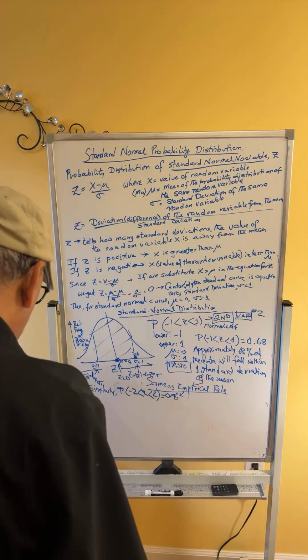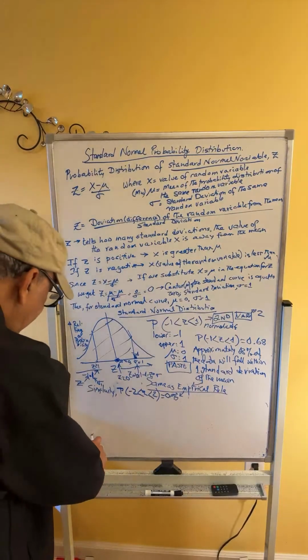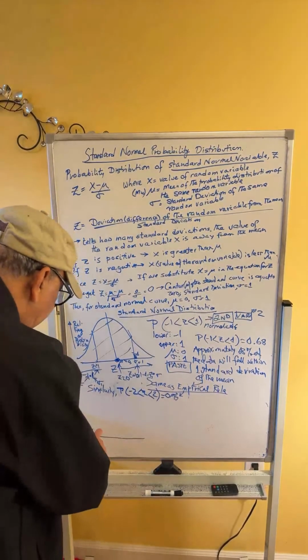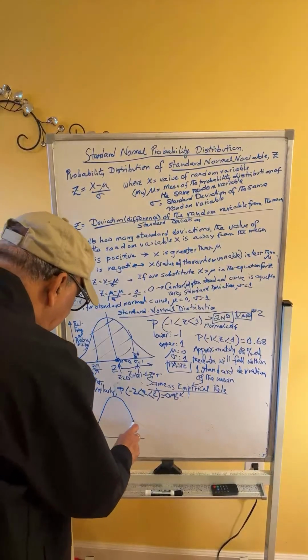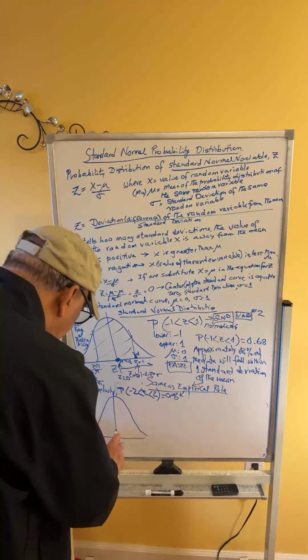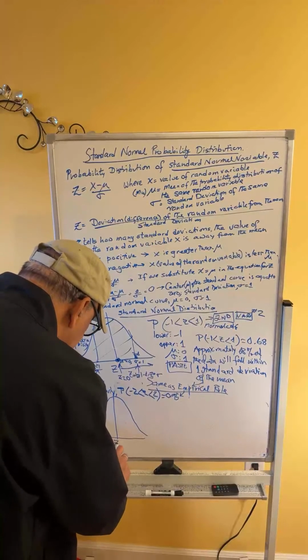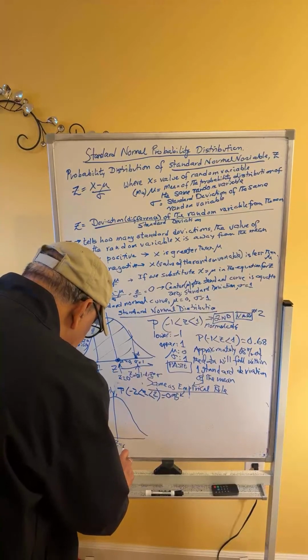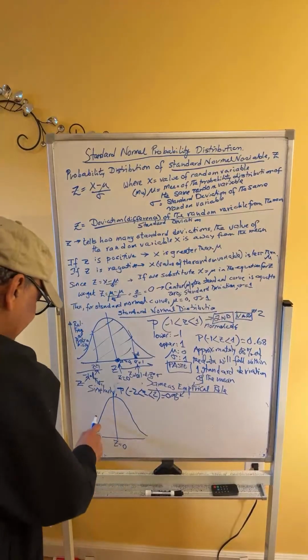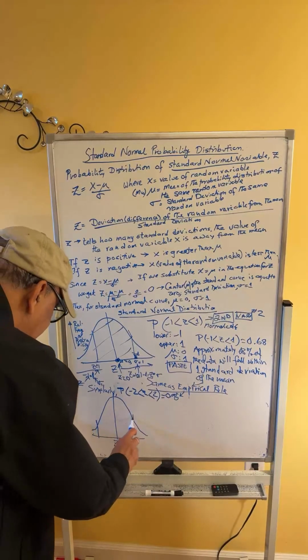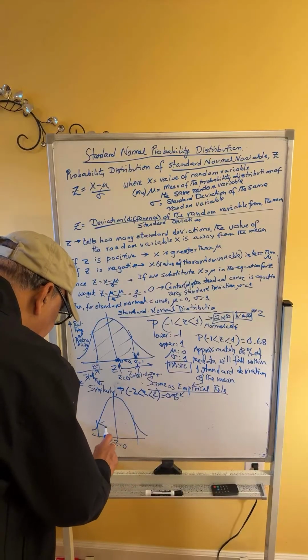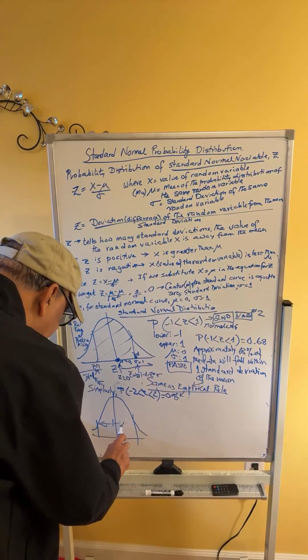Okay, so in more general terms, if we think of the standard normal curve, the center is z equal to 0, and let's think of an area in the center of the curve as 1 minus alpha.